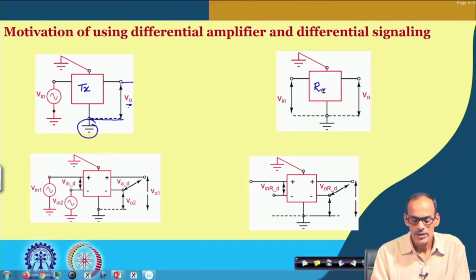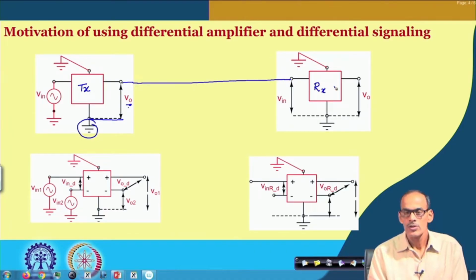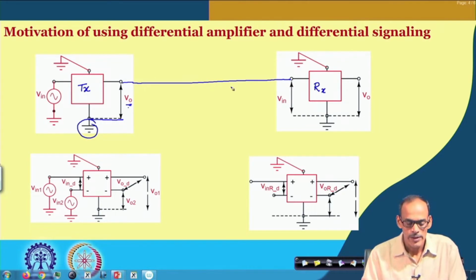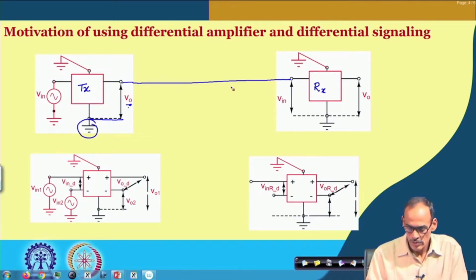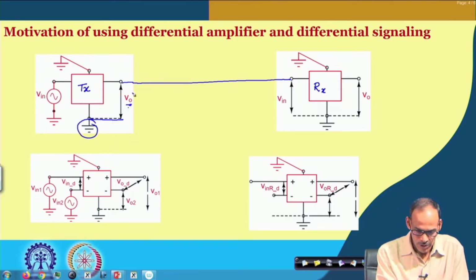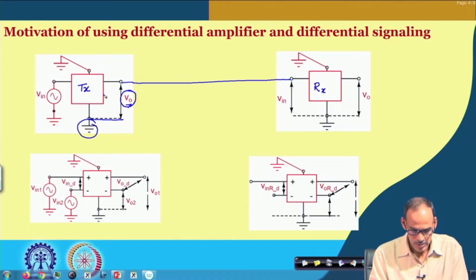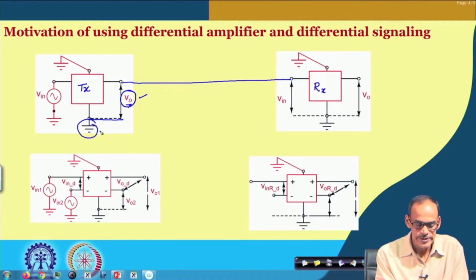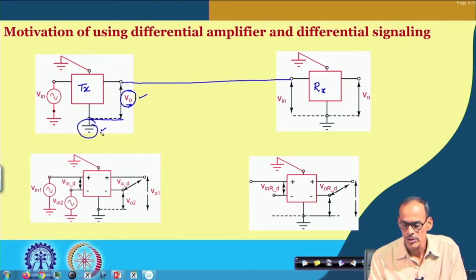We expect that this output gets connected to the receiver input, and assuming that this connection is long. So, ideally whenever we produce a signal from the transmitting end, it produces a voltage with respect to its common node.